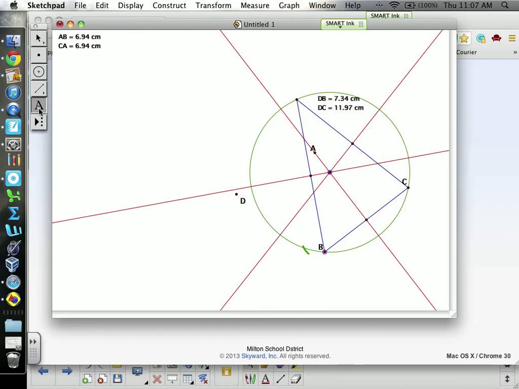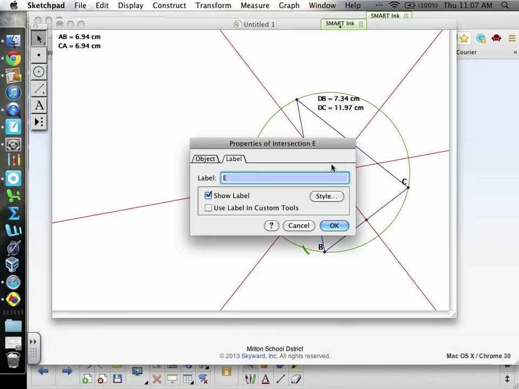We're going to label it here. I want to label the point. All right, now I'm going to rename that. I can give that a name I want. We're going to name it the circumcenter.